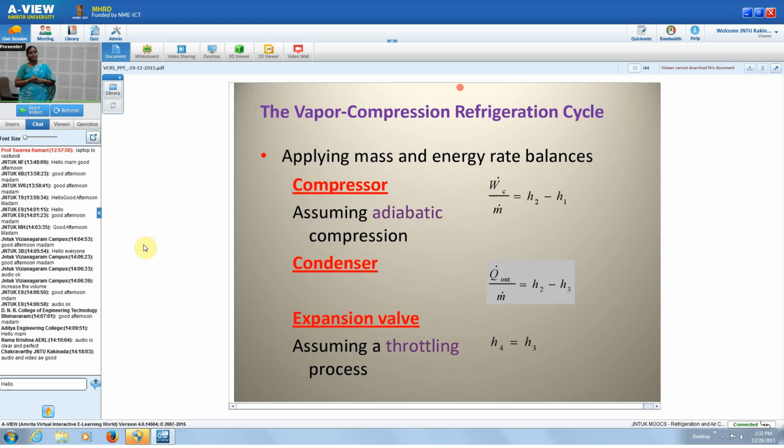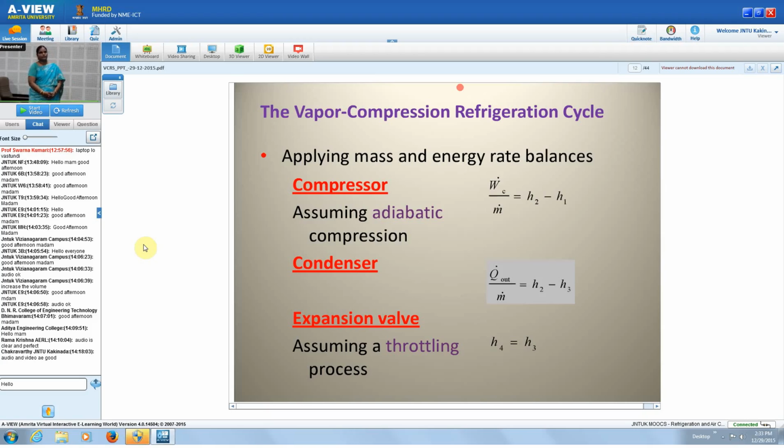With H2 minus H1 you can find the work input to the compressor. Similarly, what is the heat rejected in the condenser? The heat rejected in the condenser is the heat taken away from the chamber to be cooled, that is the evaporator, plus the work input to the compressor. Both will be rejected in the condenser. So that is H2 minus H.